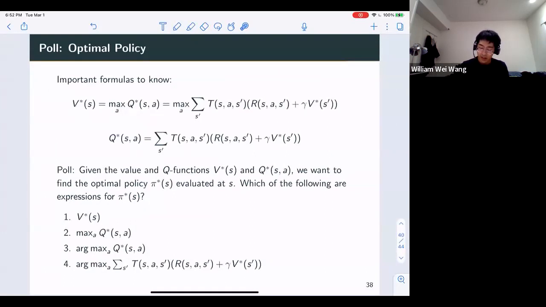So, given what I've said, I have a conceptual poll that I want to give you. I know the value and the Q functions, but I want to find an optimal policy. That was my original goal. So which one of these expressions, or which ones in the plural, will give me an optimal policy?